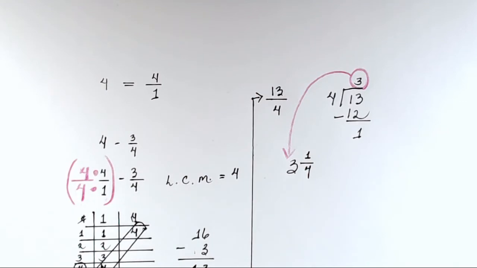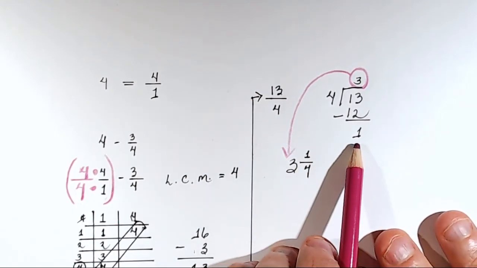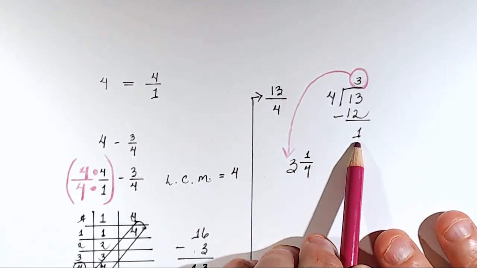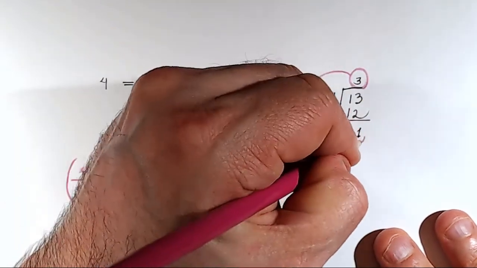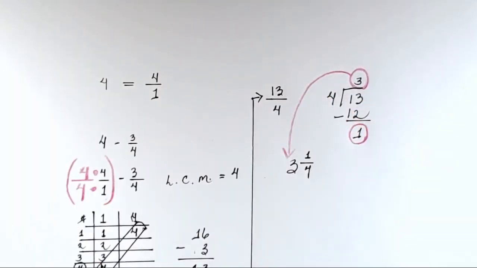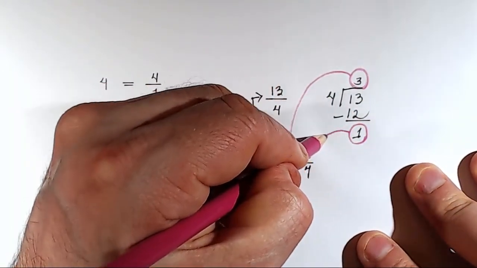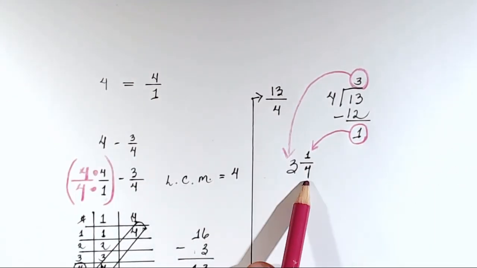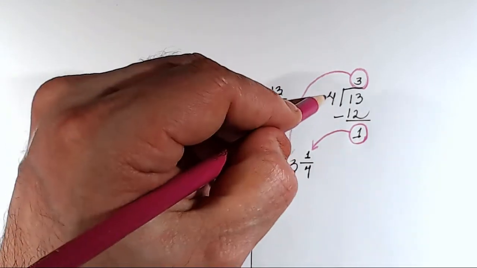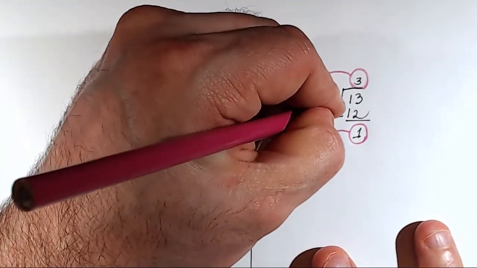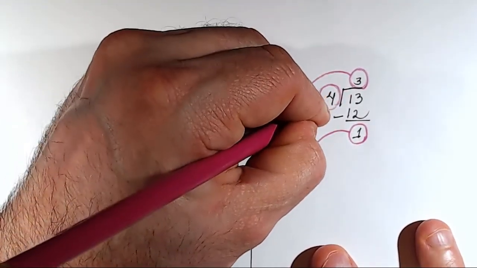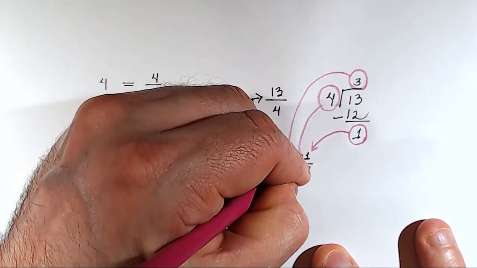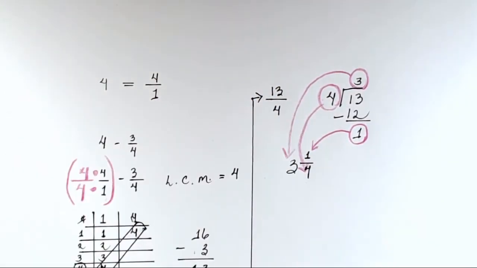Okay? So the 1 comes from right here. It's the remainder. So we don't continue dividing, right? We just stop at the remainder, and that's where the 1 comes from. And here's the 4. It comes from right here. This is the 4, and that's where that 4 comes from. Okay, so if you're trying to figure out where these come from, that's where they come from.